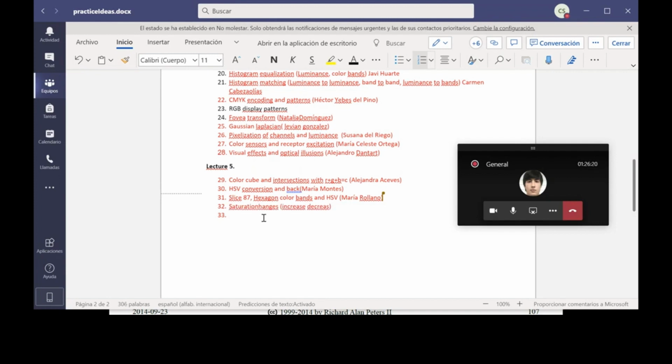Then we have hue change. You can also have histograms. So you can represent the histograms. You can have histograms of hue, histograms of RGB, and also show here the same.